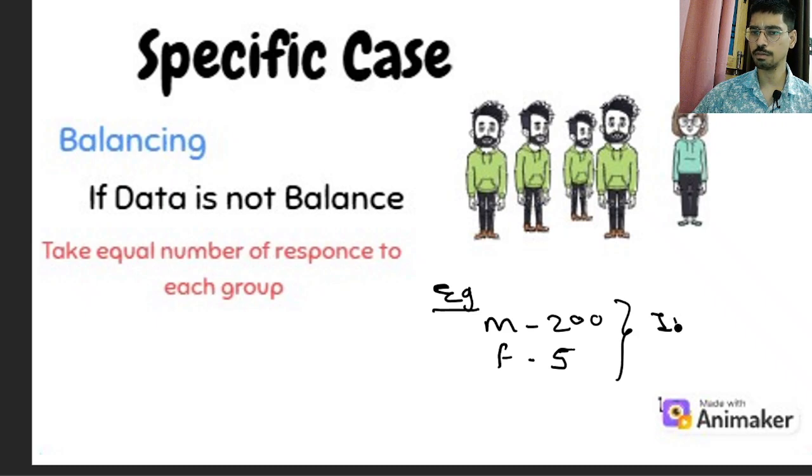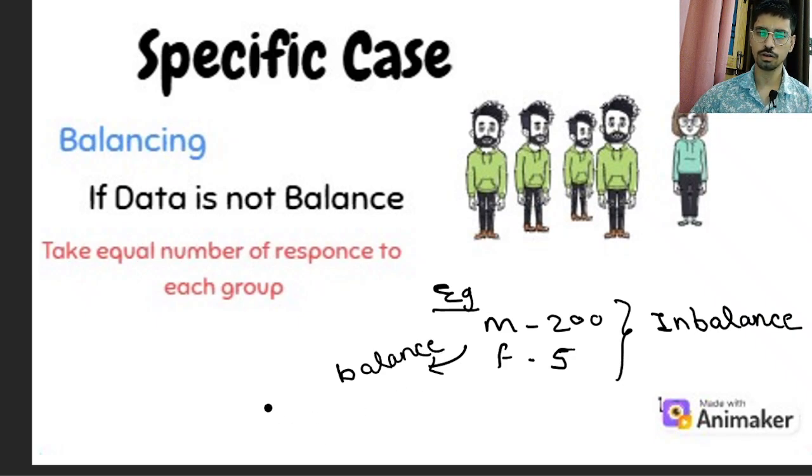That is an imbalanced data set. What we have to do is balance it for processing. Suppose we take males as 100 and females as 105, so it is somewhat balanced. Balancing is about taking an equal number of responses from each group.